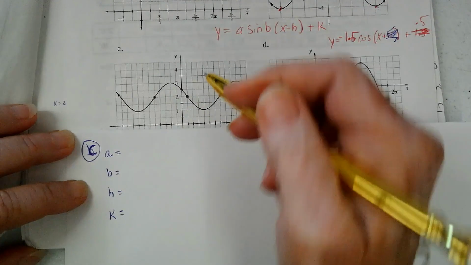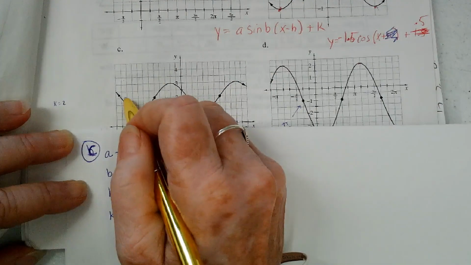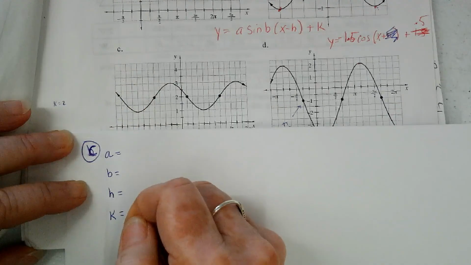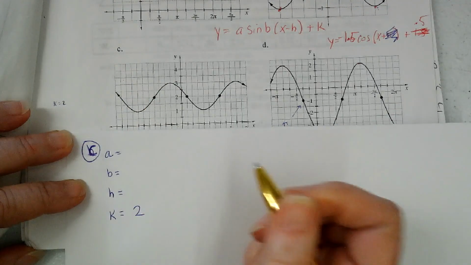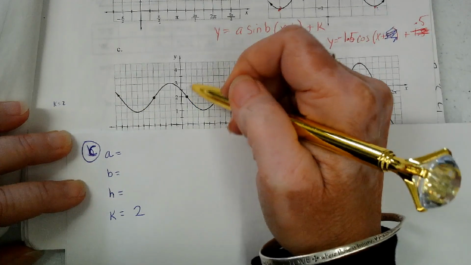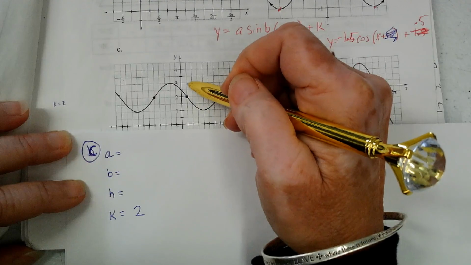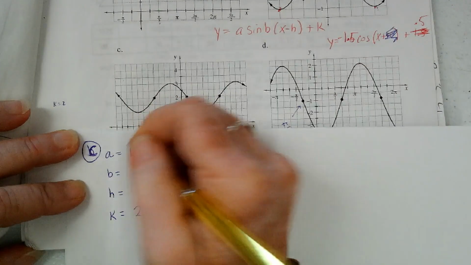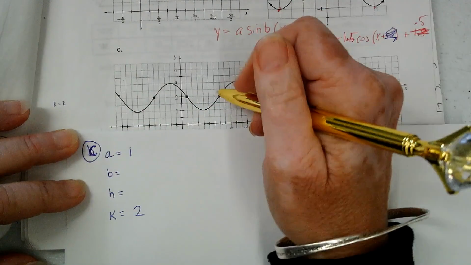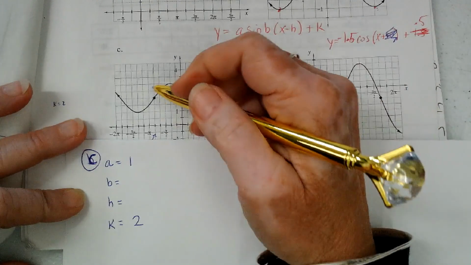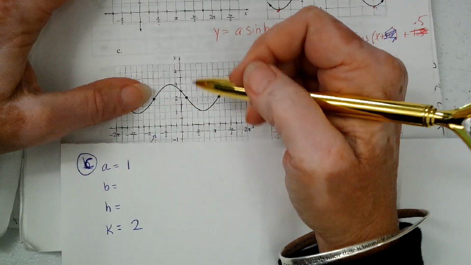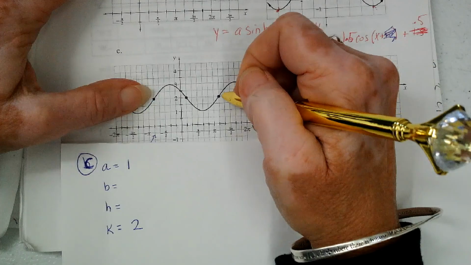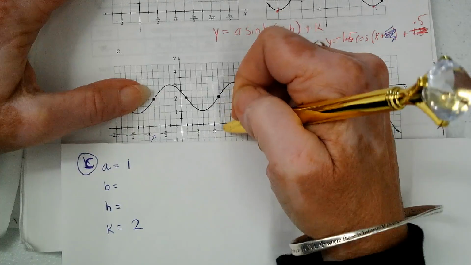The amplitude, if this is the midline right here, 2 is the midline, so we'll put that in for K. And then the amplitude, it just goes up by 1. And then B, B's going to be 1 unless this has a period of something other than 2 pi.